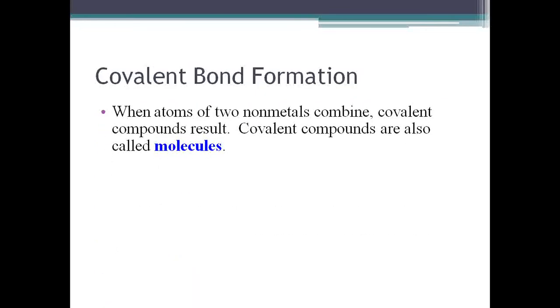Okay. Now, if you recall, in the previous lecture, we looked at ionic bonding. And the idea there was that we had a metal reacting with a non-metal. And it's kind of a marriage made in heaven. The metal wants to get rid of an electron, the non-metal wants to pick one up.